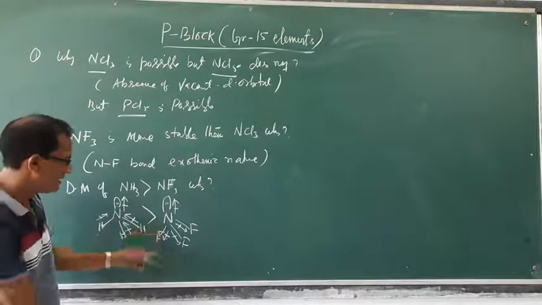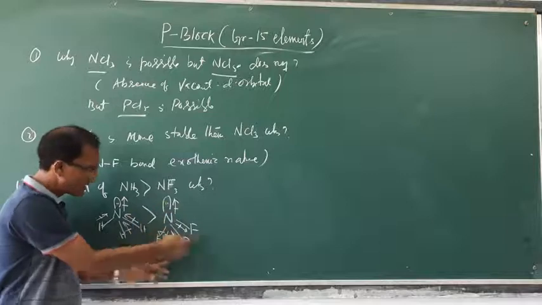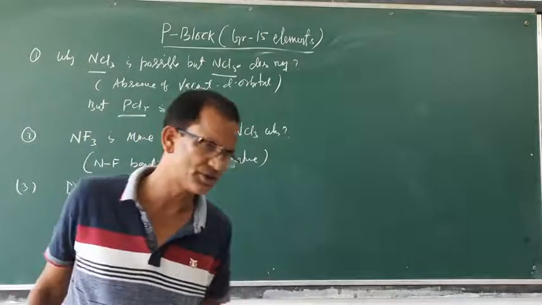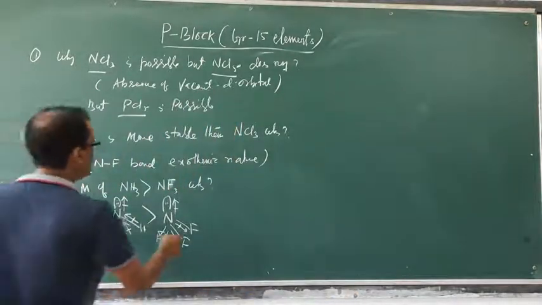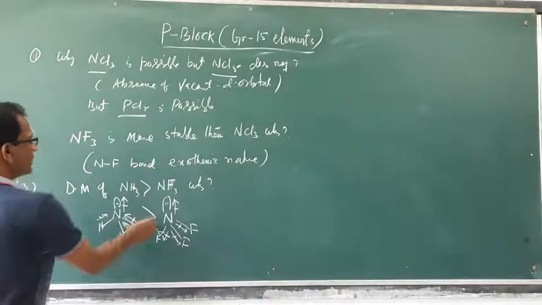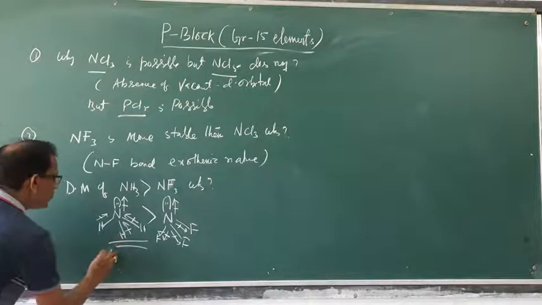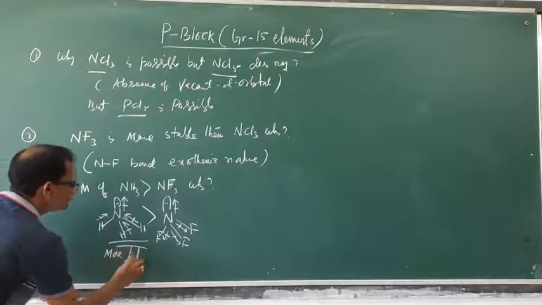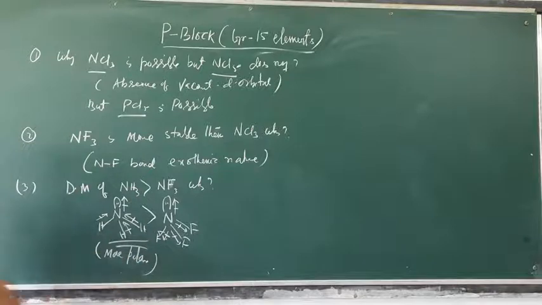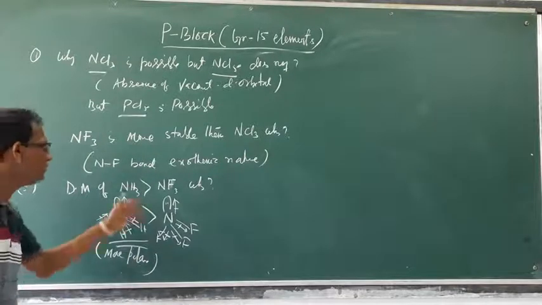But here the dipole moment of the lone pair and N-F bonds is just opposite. That's why less dipole moment. NH3 has higher dipole moment, so it is more polar. More dipole moment, more polar. So this is the important thing regarding this.